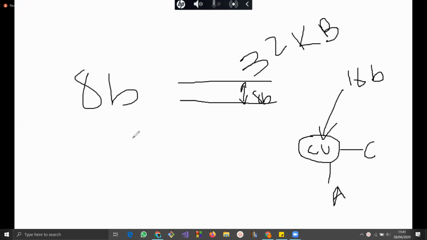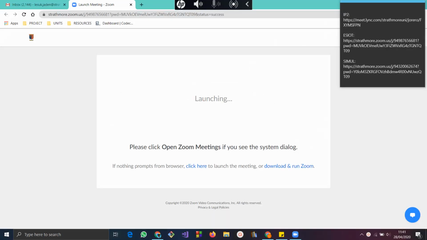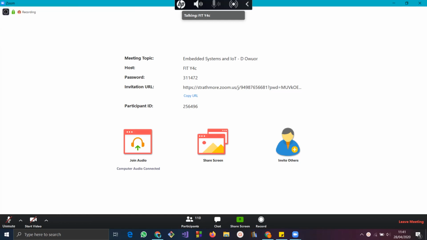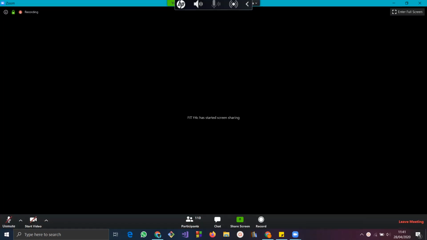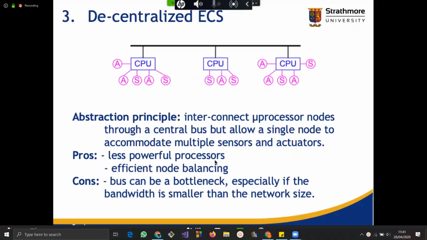So those are two ways of looking at the bus as a bottleneck: a more powerful CPU, or the size. But the beauty is there is efficient balancing of the network.